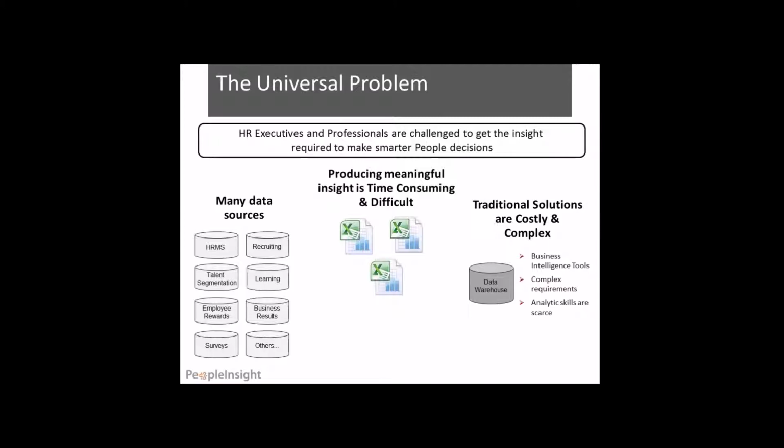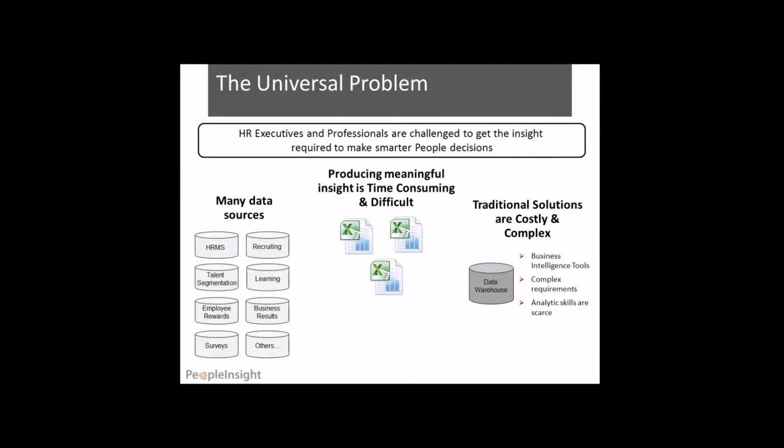And even in that case, while that data is in one platform, from an analytics perspective, being able to connect that data to answer questions such as, what's the first year success rate for our recruits that we get through employee referrals, is generally a challenge because it requires information from multiple sources of data.